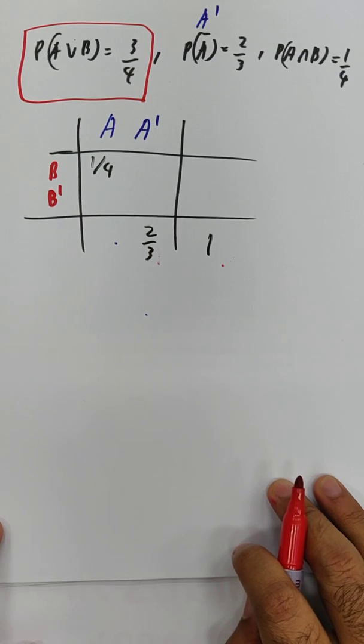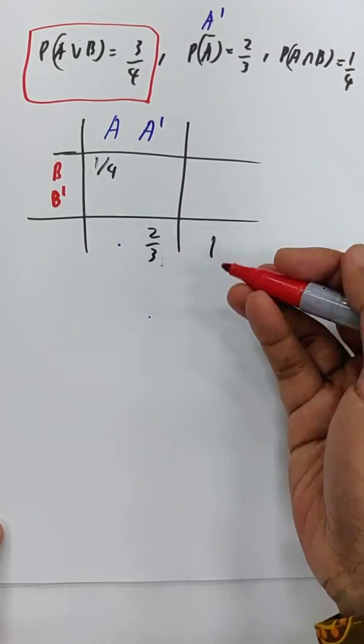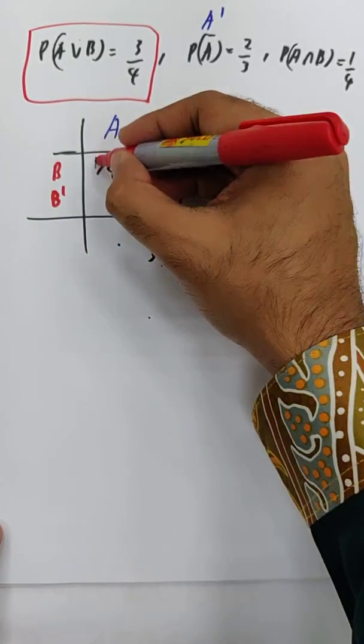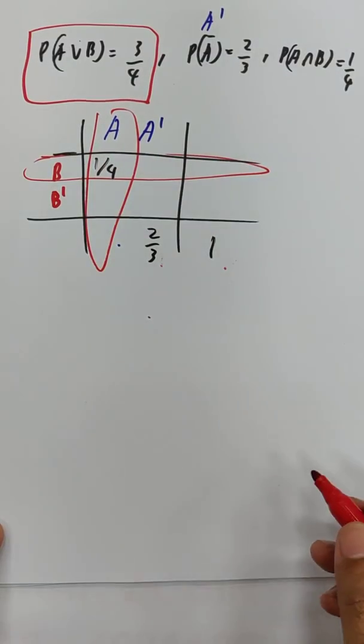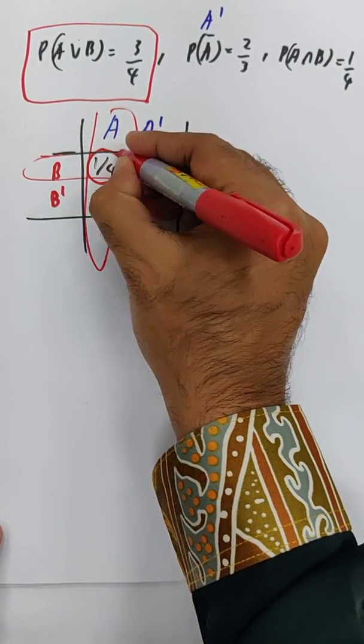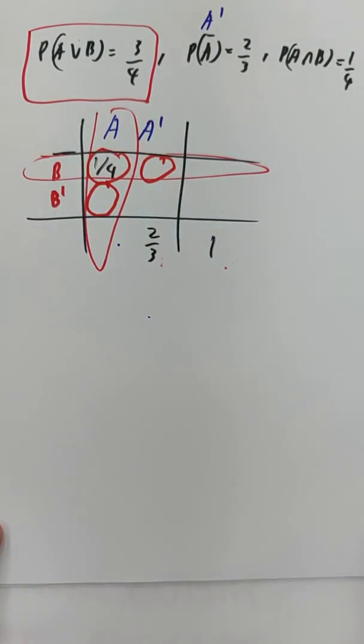Where is A union B in this case? A union B, the data is supposed to be in this region, right? The data will be this one and this one. And we know that the total is 3 over 4, and we can calculate further.